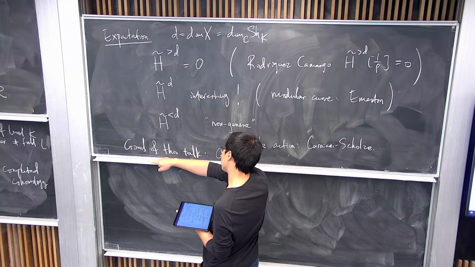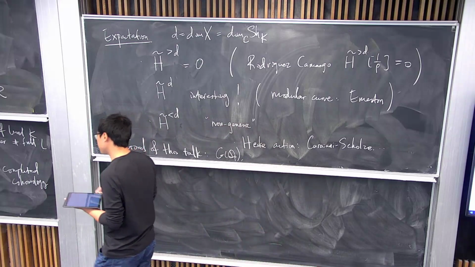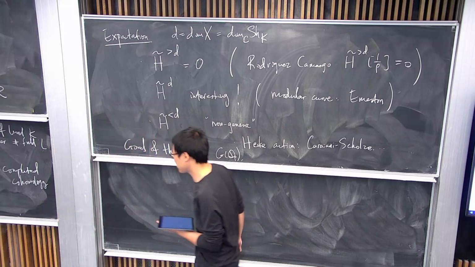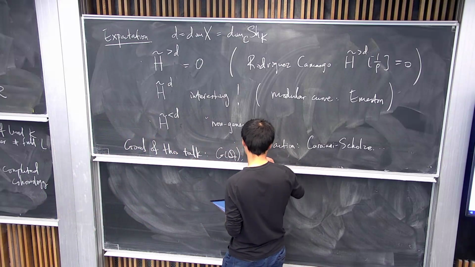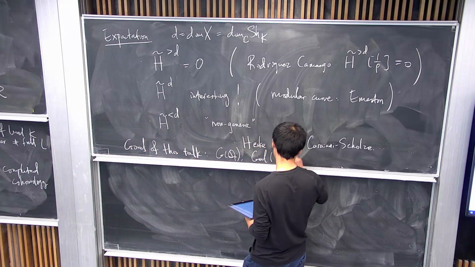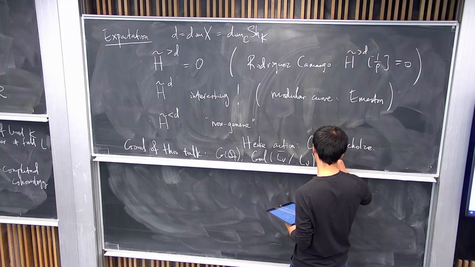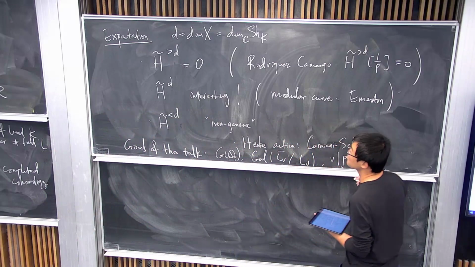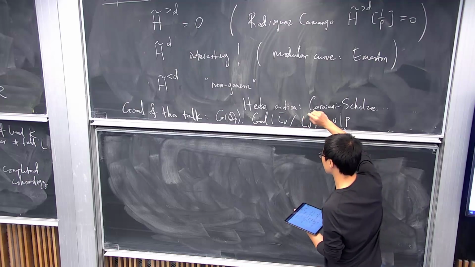That's just the absolute Galois group of Q, or of a number field, but actually we will just restrict ourselves to a decomposition group at some place above p. Let me try to make this more precise now.